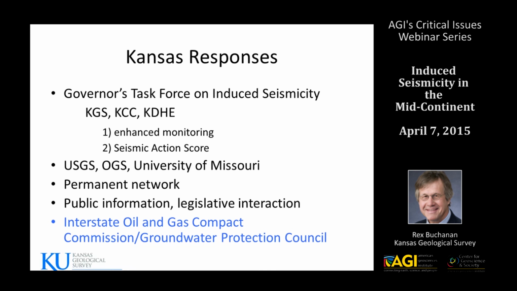And that scoring is based on not just the magnitude of the earthquake, but also the clustering effect that Austin talked about before, and whether there were habitable dwellings anywhere close. We try to take all those into account, and then if we exceeded a score of a certain threshold, it would require the KCC to collect information and KDHE to collect information on disposal wells within 3 miles of the epicenters of those events.